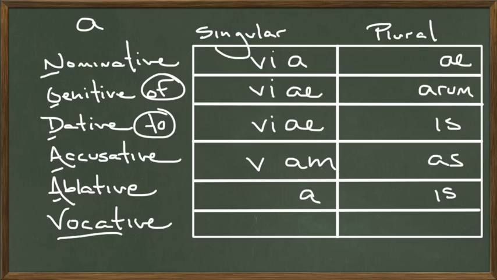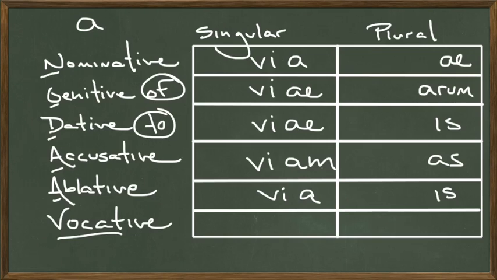The accusative, viam, so if I told you, video viam, that means I see the road. And the word viam is receiving the action. It's a direct object, goes in the accusative case. If I'm walking in the road, I would be in via.